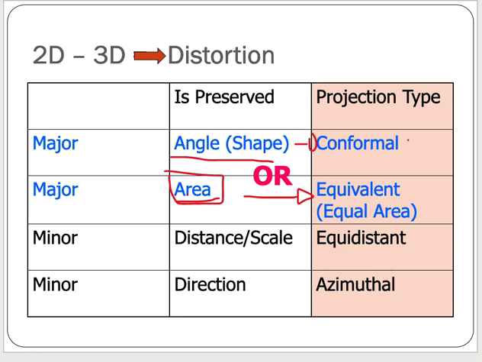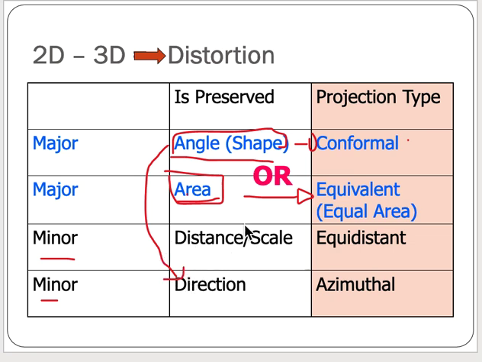And again, we can have some minor distortions that are preserved along with the major distortions. So when we are making a map projection and we are trying to preserve the angle or the shape, we are also trying to preserve the direction.